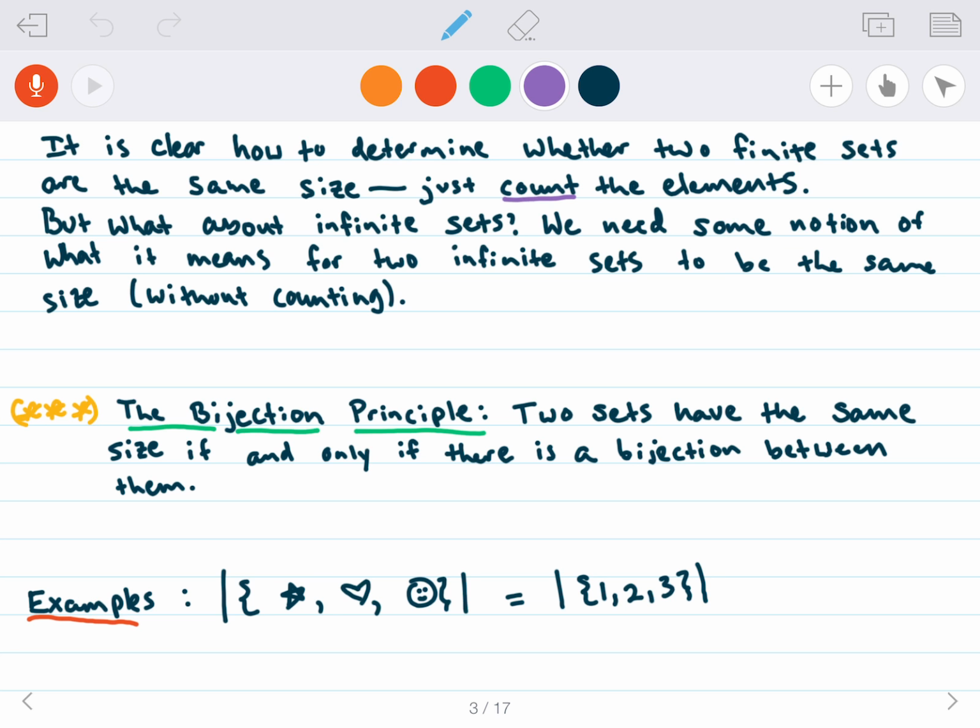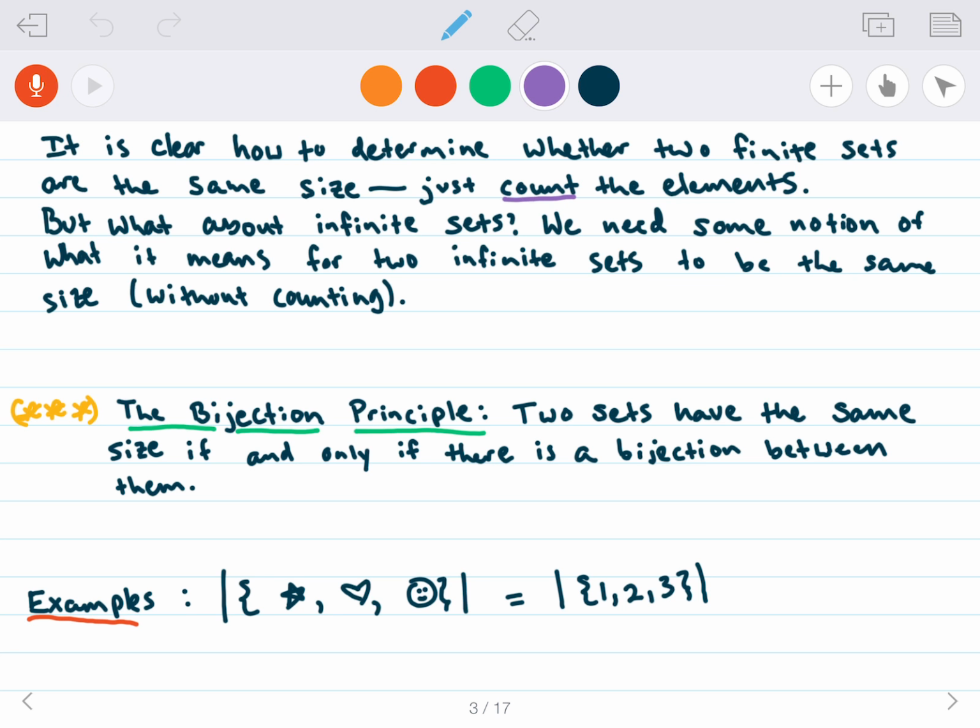We can just count them. But what about infinite sets? How can we tell if two infinite sets are the same size? We cannot literally count all of the elements in an infinite set. We can't do it. So we need some notion for what it means for two infinite sets to be the same size.